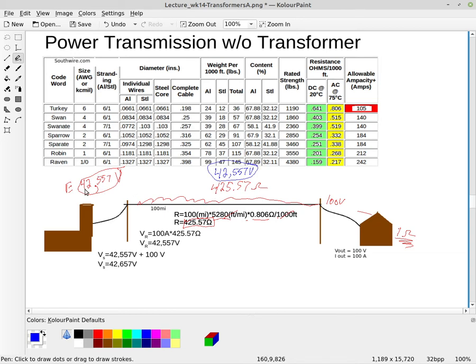And so the electric company has got to generate 42,657 so that I have 100 volts at my house.